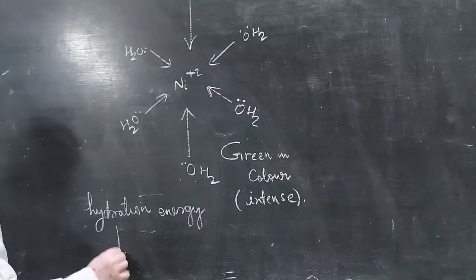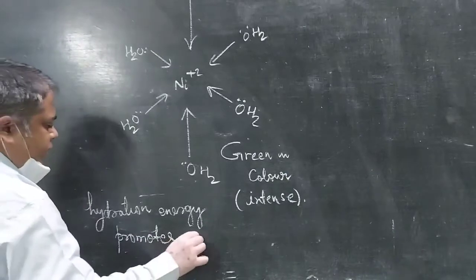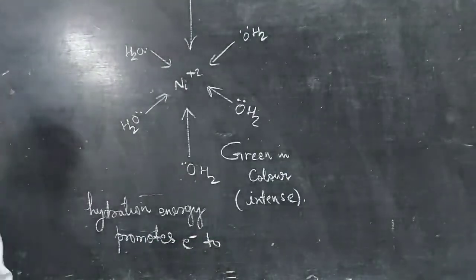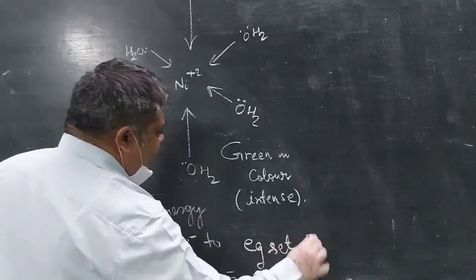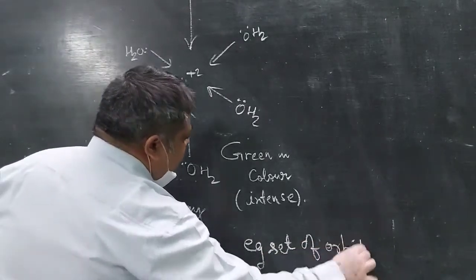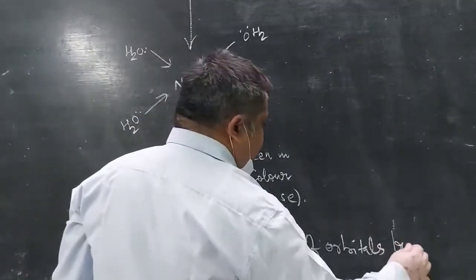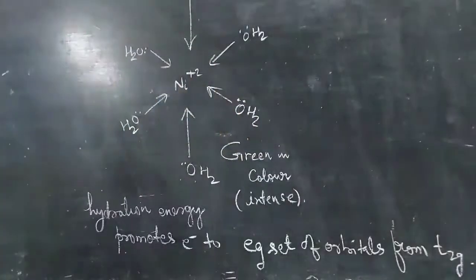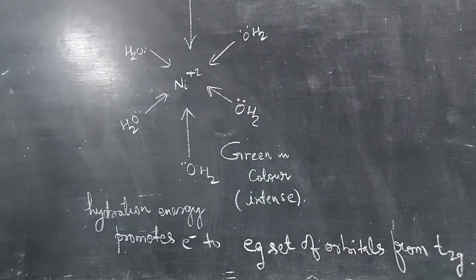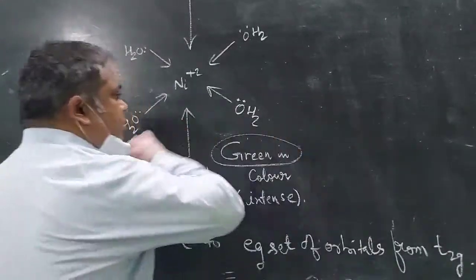Hydration energy promotes electrons to the EG set of orbitals from T2G. Now this is green in color. Remember that this is green in color.